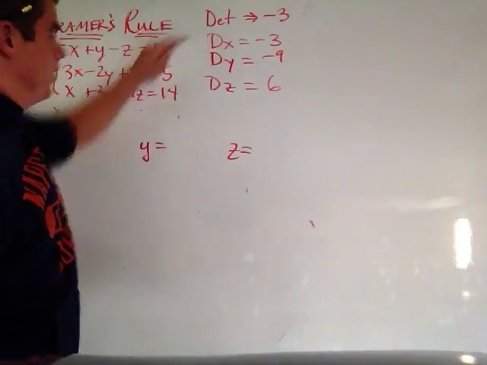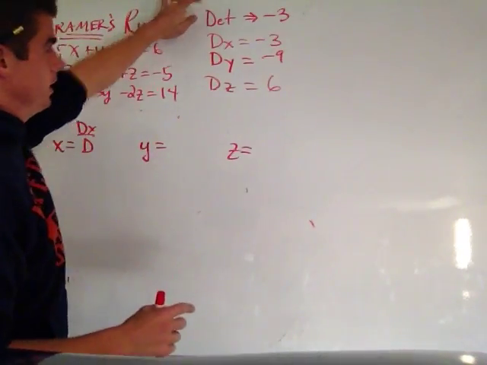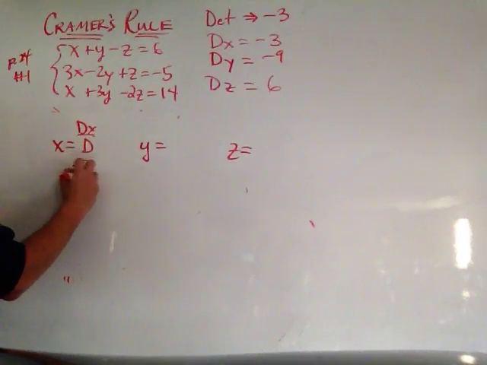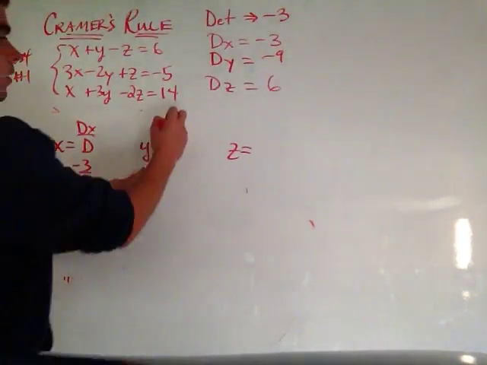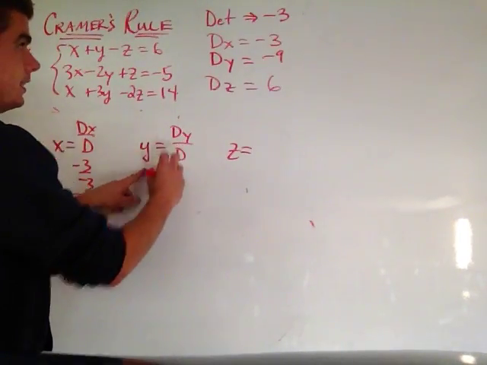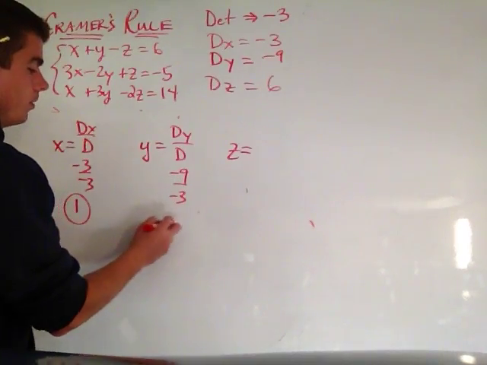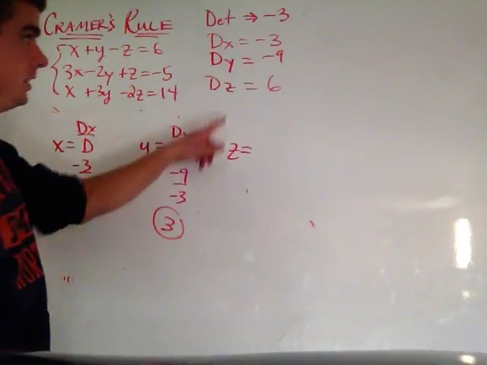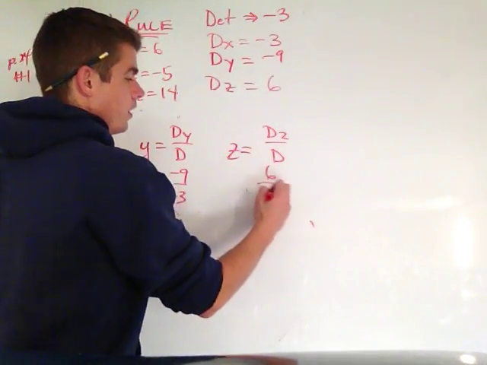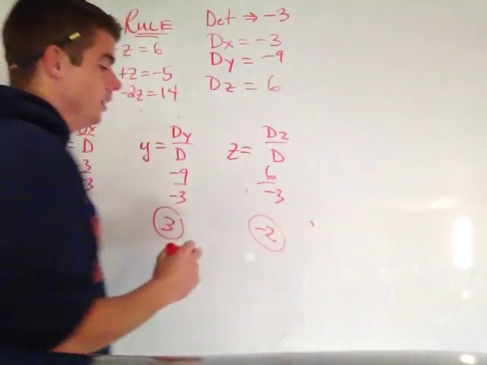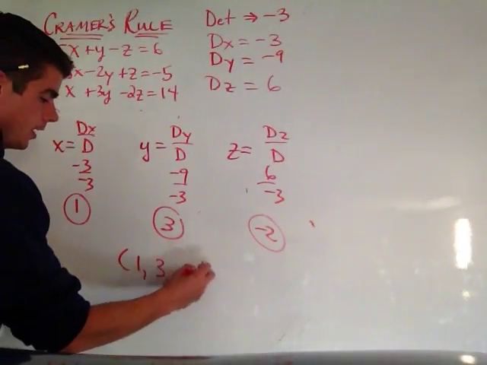So the ratio of Dx to D, in other words, -3 to -3, which was 1. So it means x would be 1. For y, it would be Dy compared to D. So -9 compared to -3, or 3. And then for Dz compared to D. So 6 over -3, which is -2. So our ordered triple is 1, 3, and -2.